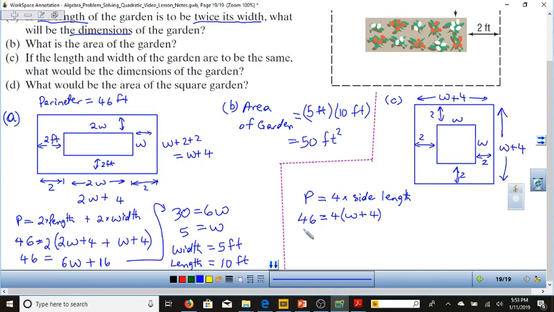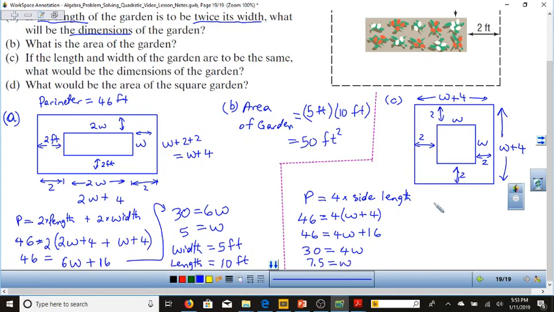We solve this equation. We can divide by 4 first, but in this case I would prefer to distribute. 4 times W, 4 times 4 is 16. We solve for W. We get 4W is equal to 30. And then we get that W would be equal to 7.5 feet.